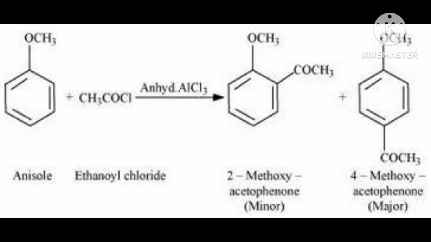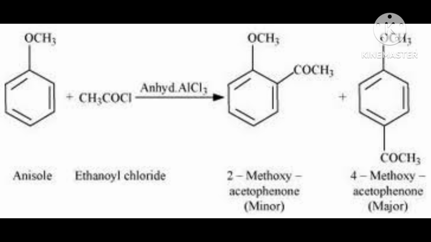It is an electrophile actually, and then it will make a bond. It can make a bond either at the ortho position or at the para position, meaning you will get two products. In the same way, the ortho position is minor and the para position is major.